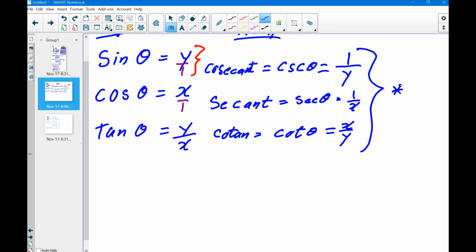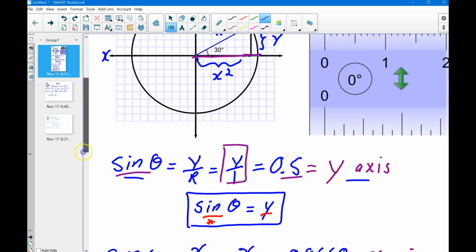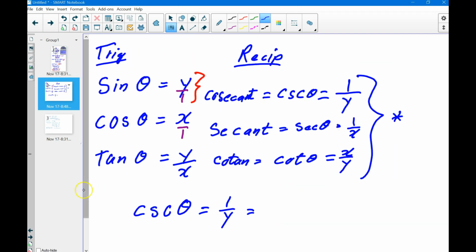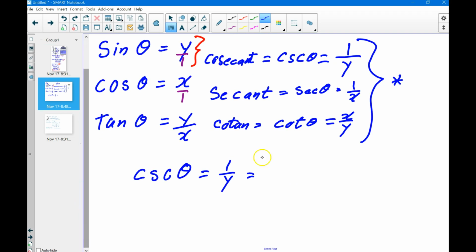So my cosecant, CSC theta, is equal to 1 over y. And we said back here that sine and y could be used interchangeably. So if my cosecant is 1 over y, then that's the same as saying 1 over sine theta.